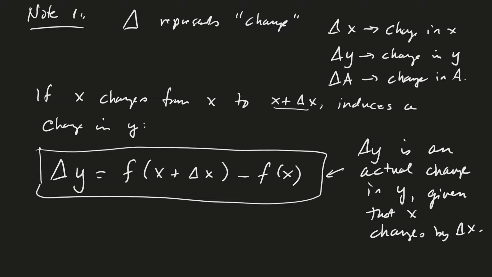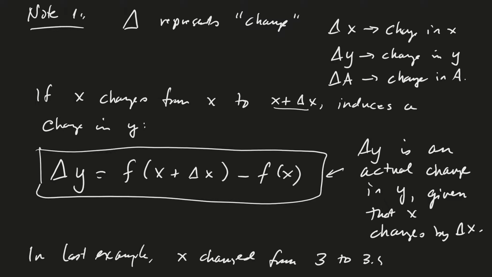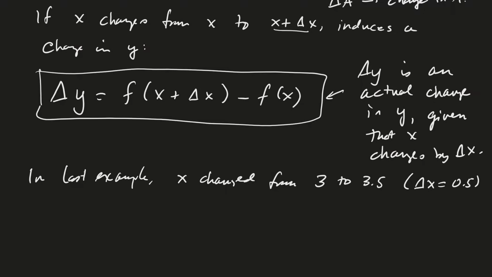So in terms of our last example, x changed from 3 to 3.5, so delta x is equal to 0.5 in that case. What was the change in y?